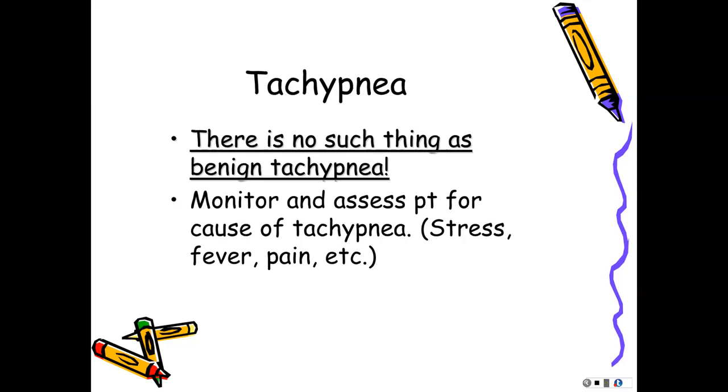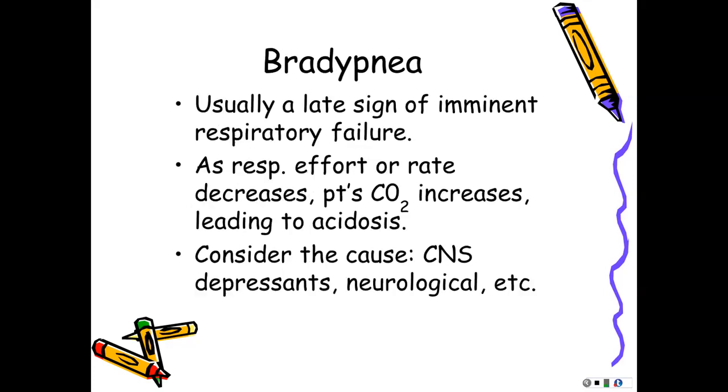And for that reason, anytime you see tachypnea, you have to figure out what's going on with the kid. It might be something as simple as pain or stress or fear, but it could also be fever, the starting of respiratory decompensation. So when you have a kid who's tachypnic, try and figure out possible causes and keep working till you do.